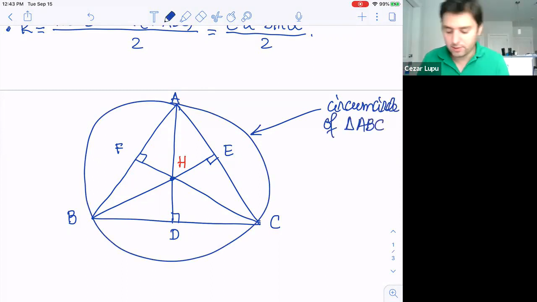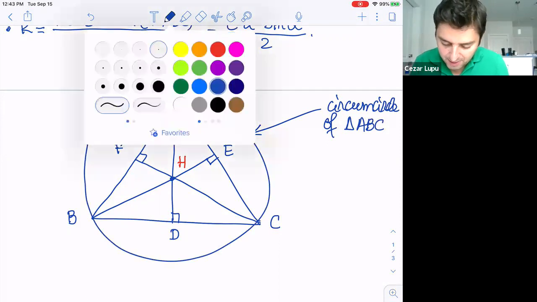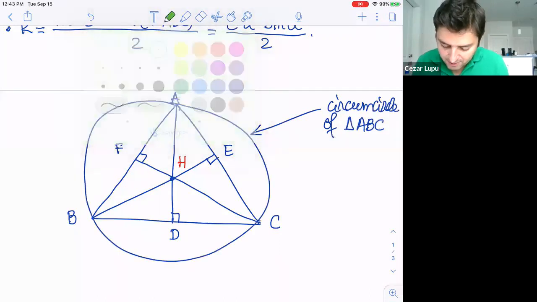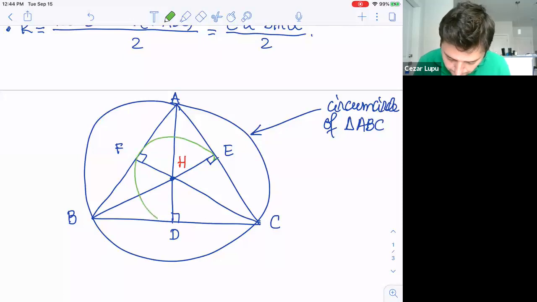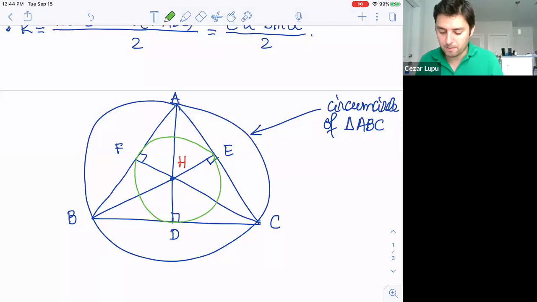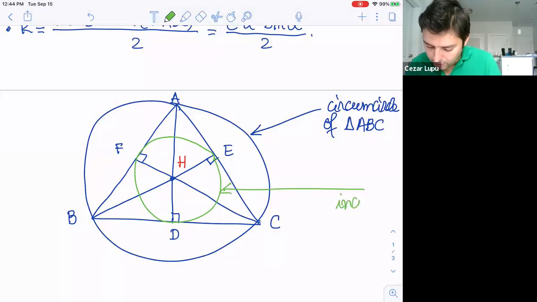Anyway, I'll leave it like this. And now let me draw something else, which will be called the incircle. And you'll see that something happens here in the triangle ABC.